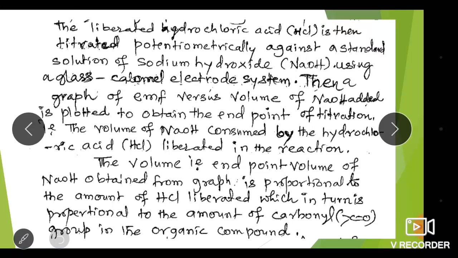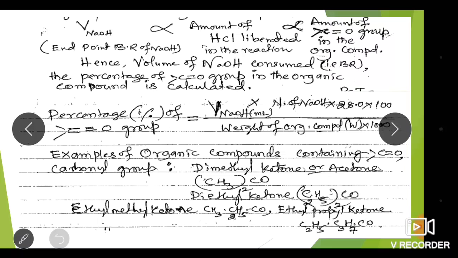So in this way, the relation is that by means of potentiometry, the end point for the neutralization of hydrochloric acid by means of NaOH, whatever the burette reading for that, is directly proportional to the amount of HCl liberated in the reaction, which in turn is directly proportional to the amount of carbonyl group present in the organic compound.